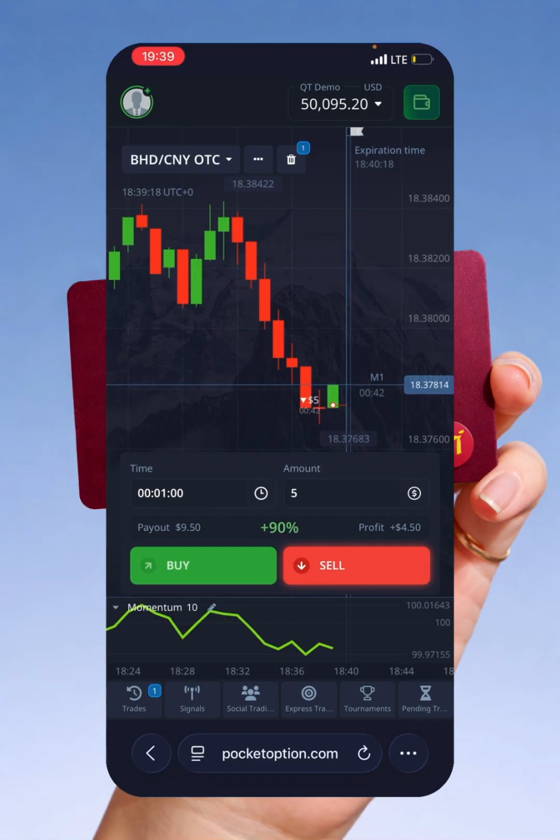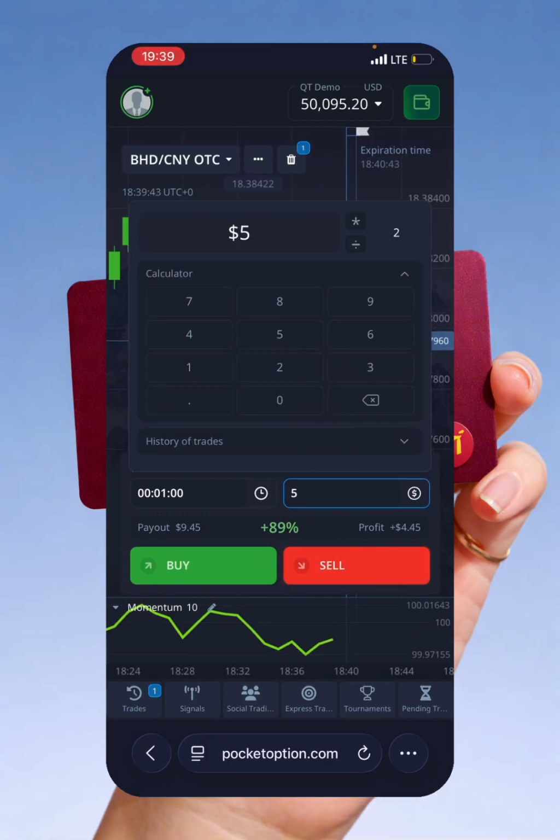Now, in order for you to be on a safer side, so you don't lose your money, if I tell you to take a buy or a sell and you take it immediately and start reading up to like 15 seconds, we have 27 seconds, 26, 25, 24, 23. It's already looking like it's going to be a lose. You come here and then you double your amount, so you can just times it by 10, for example.